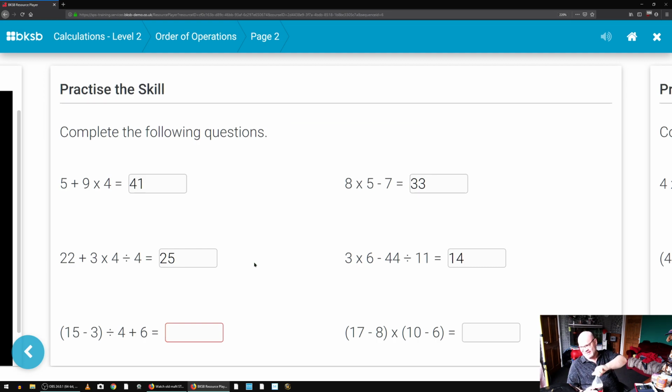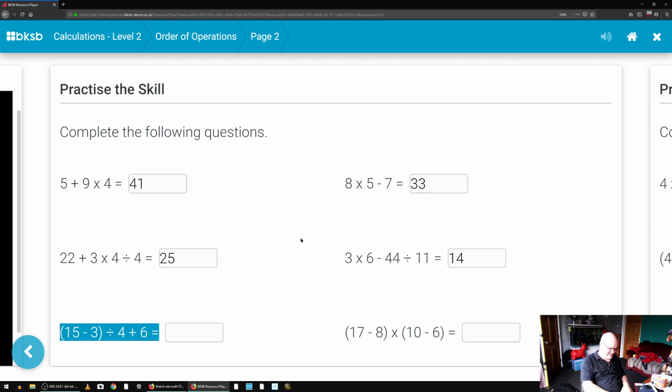Brackets, indices, division, multiplication, addition and subtraction. That man tried to teach me that. Now in the brackets, this one down here, it means you have to do the brackets first because that's what BIDMAS says.